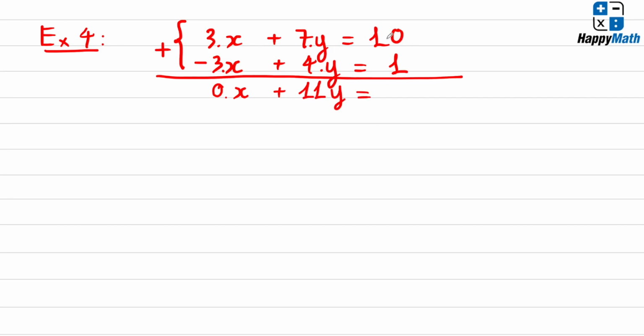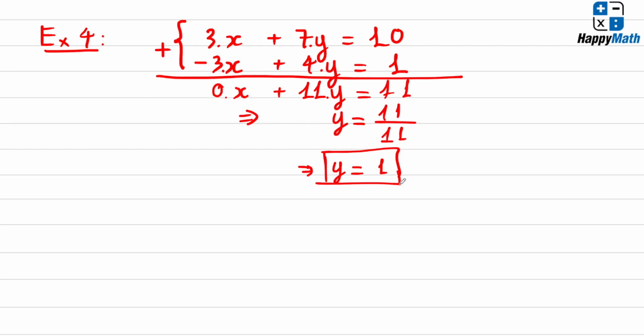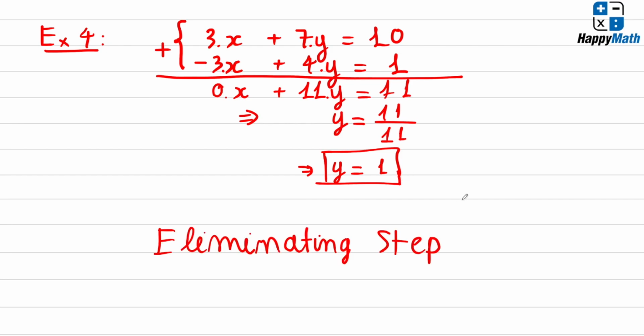On the other side, 10 plus 1, you got 11. So after this step, you get x eliminated. For this equation, it is very easy to figure out, y will be equal to 1. And then you have a specific number for x or for y. Yeah, we call this step the eliminating step.